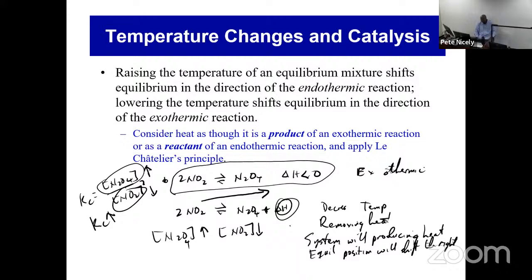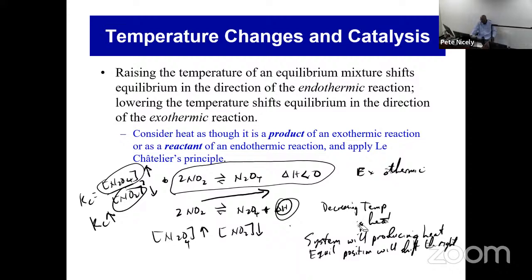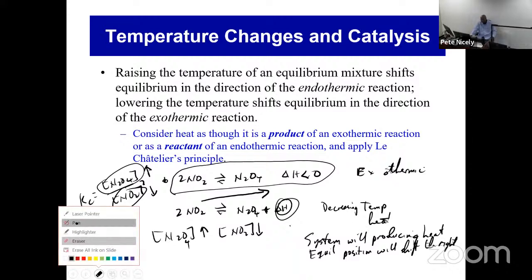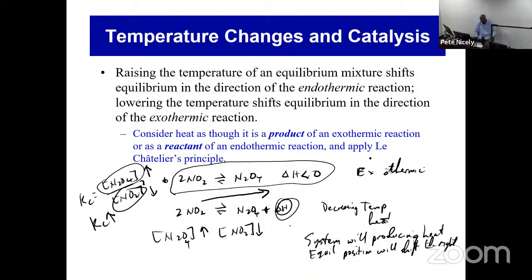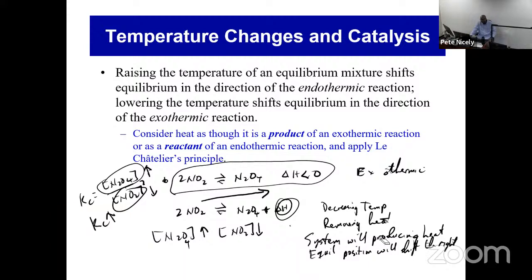What will happen as far as the changes will occur? If you're decreasing the temperature, you're removing heat, right? So let me write here, you're removing heat. So what will the system do in response to that? The system will what?